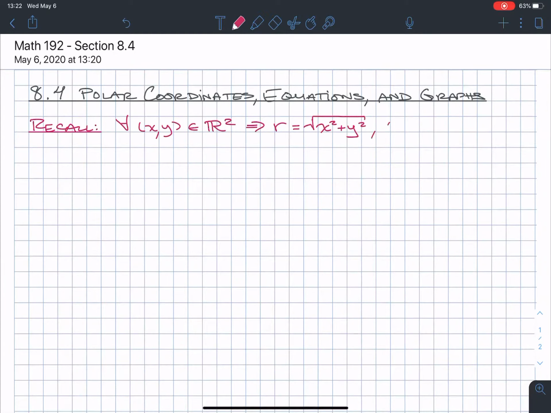And the angle made with the positive x-axis is the inverse tangent of the quotient y over x, with respect to the quadrant in which (x, y) lies. So we have to consider that when we're finding the angle.